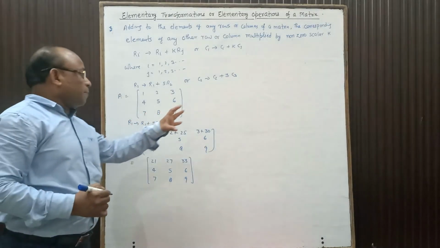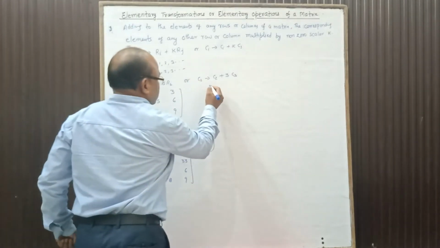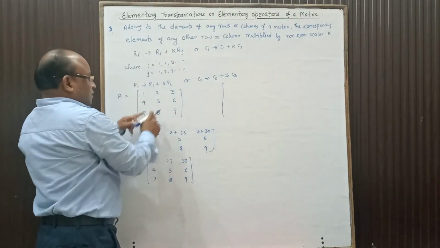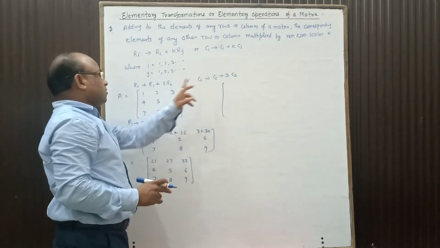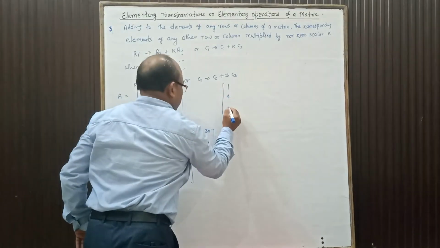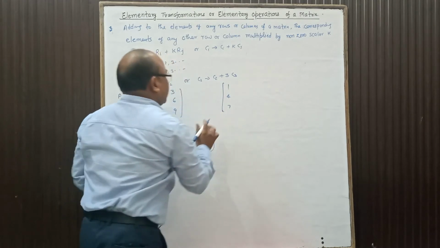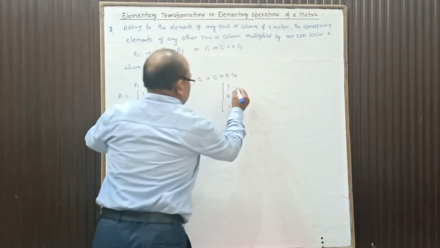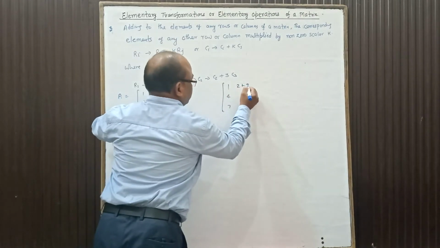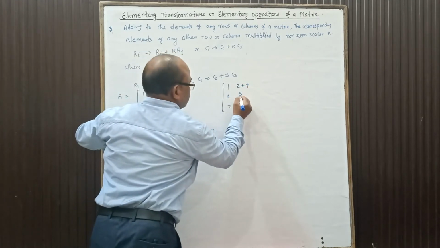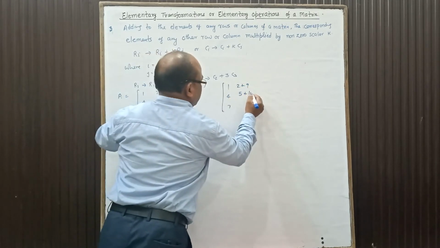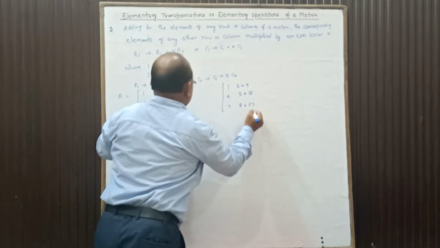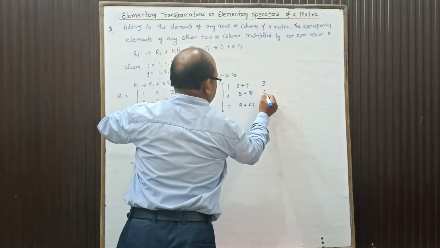Similarly, if we apply the column operations like this, C2 is replaced by C2 plus 3C3, then the first column is the same, the third column is the same, we change only the second column. First 4, 7 and here we multiply 3 on the third column and add to the second column, that is 2 plus 3 times 3 is 9, and 5 plus 6 times 3 is 18, and 8 plus 9 times 3 is 27, and the third column remains the same, that is 3, 6 and 9.